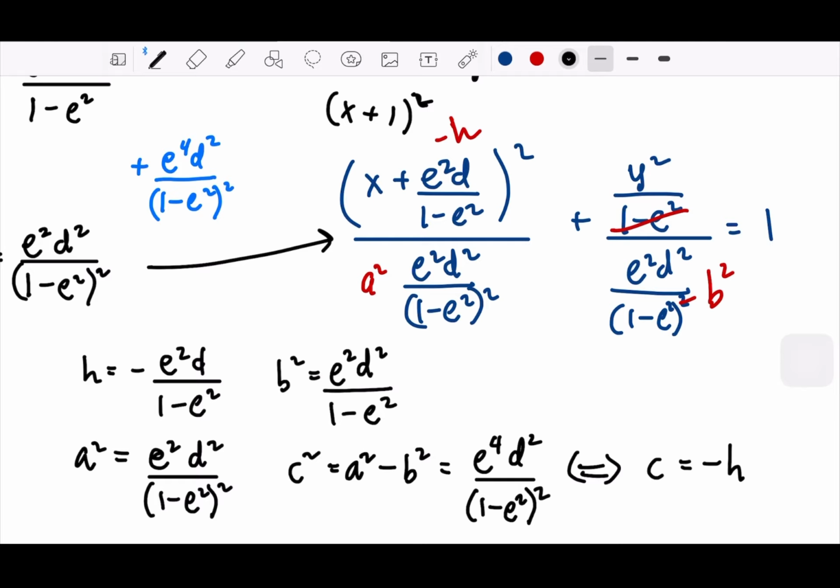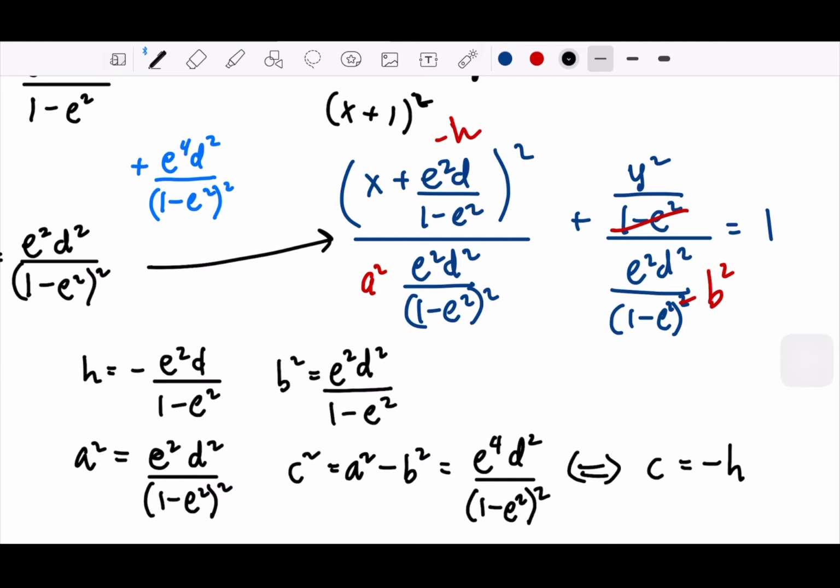And if you look at a squared and c squared, this and this, okay? If we divide c squared by a squared, it will cancel most of it, and we just observe that the rest is e squared, right?